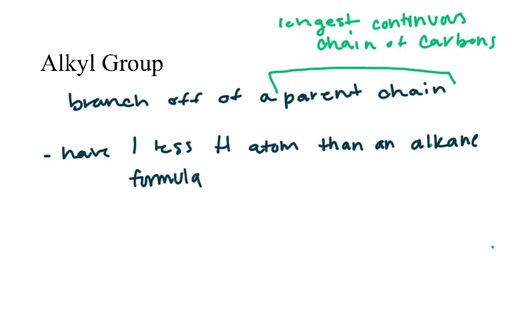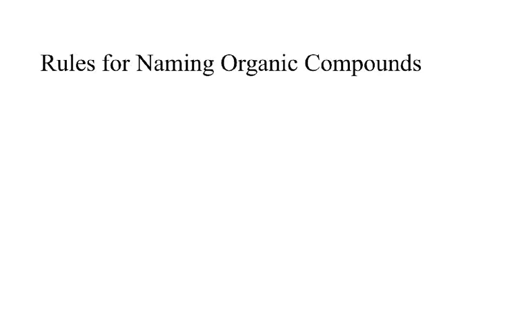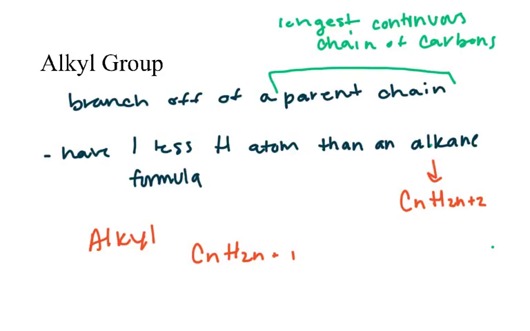So remember our alkane formula, our alkanes were CnH2n+2. So our alkyl formula is going to be CnH2n+1.